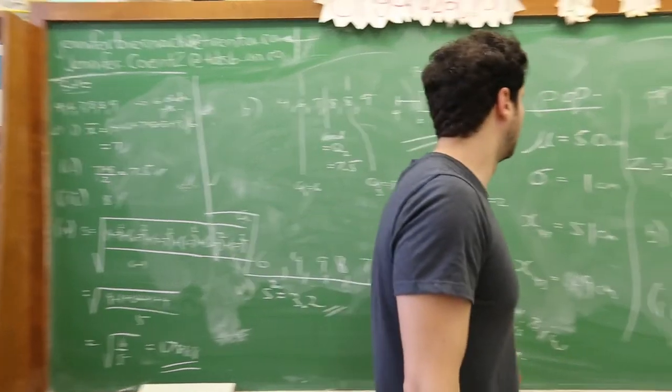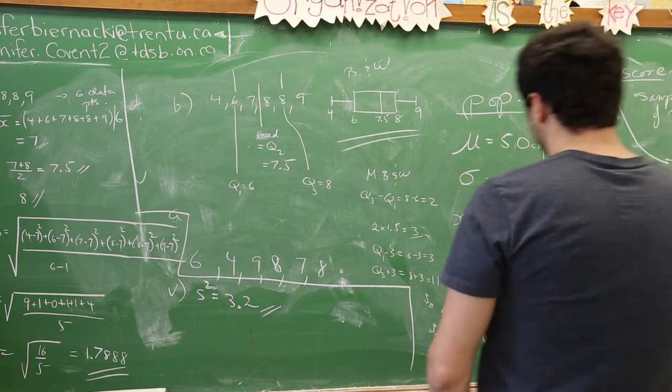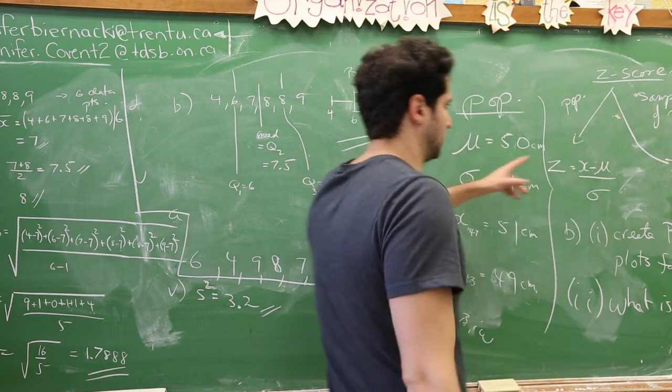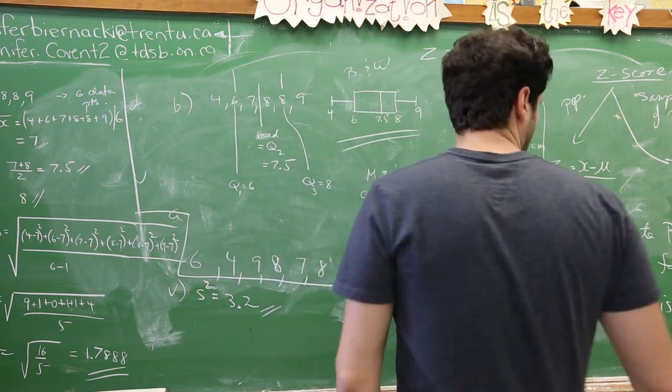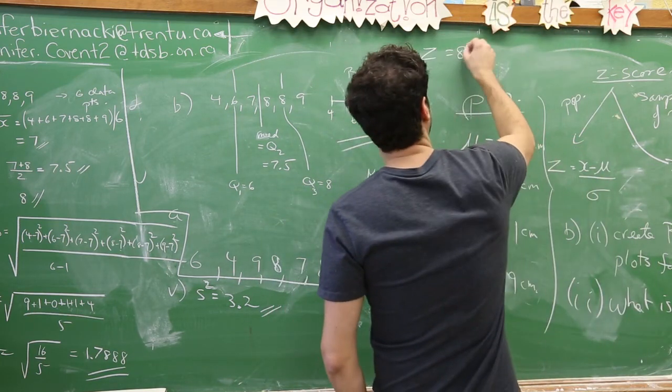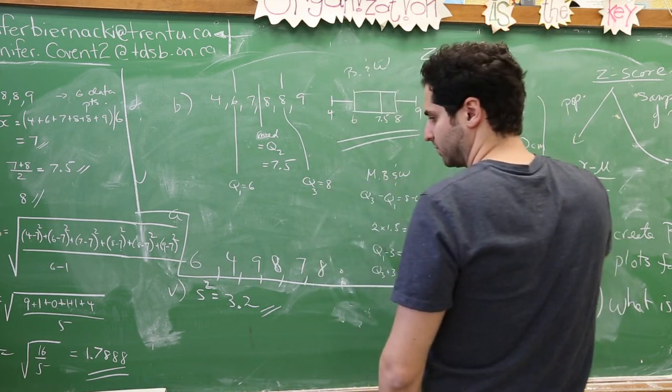We're almost done. What's the last thing? The Z-score. Z is going to be equal to, let's ask for the Z-score of a data point that got 8. 8 minus 7, what is the average? 7. Divided by the standard deviation.